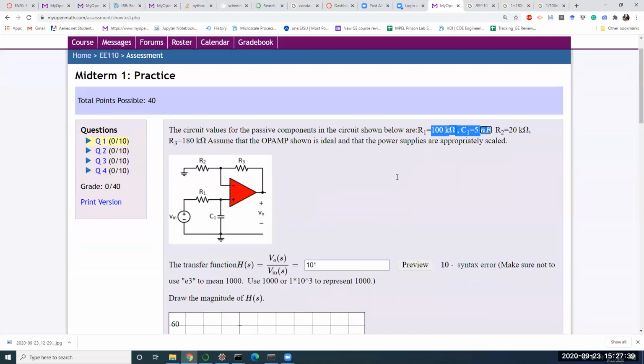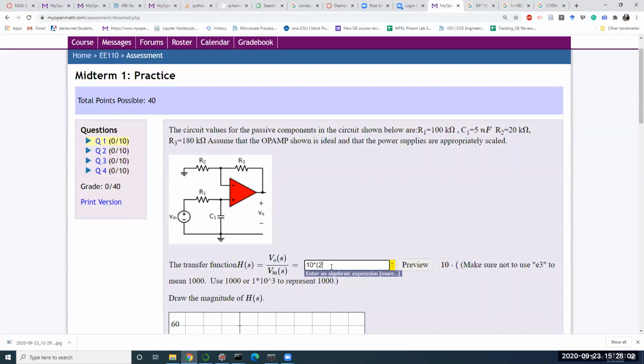Now, you can put 2 times 10 raised to the 3, and that's okay. You can put 2,000, and that's okay. But you cannot do 2e to the 3. That will not work.